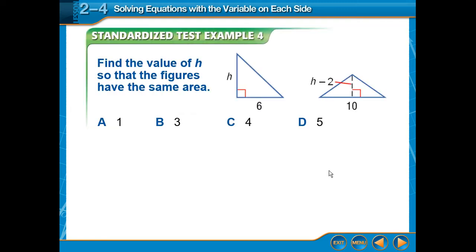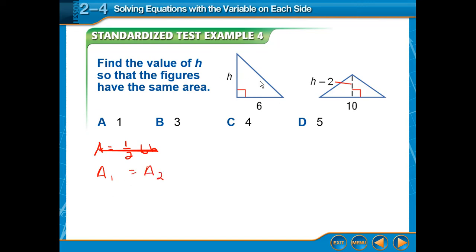Okay, so for this one, we want to find the value of h so that the figures have the same area. So in order to do this, we need to know what the area of a triangle is. So area is 1/2 base times height. So if we're looking at this one, I want it to be the same on both. So I want the area of triangle 1 to equal the area of triangle 2.